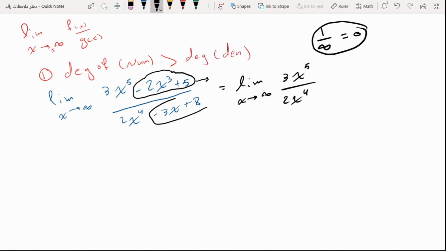طبعا نفس الاشي ناخذ أعلى degree اللي هي 2x to the power of 4 to simplify.